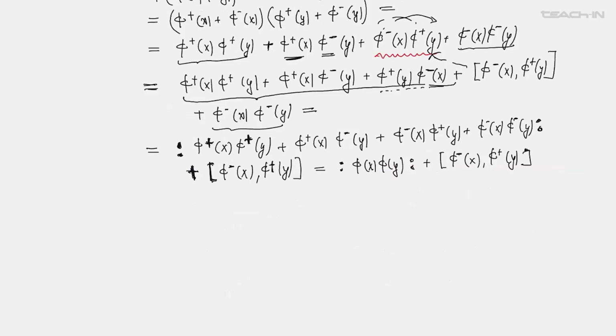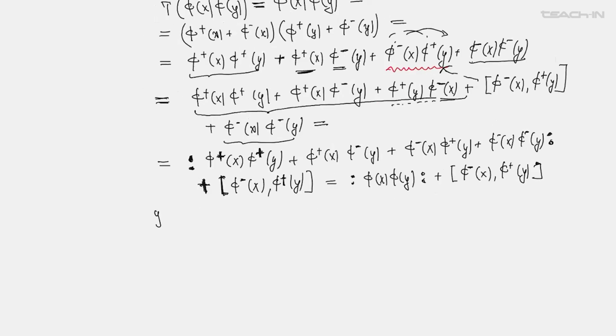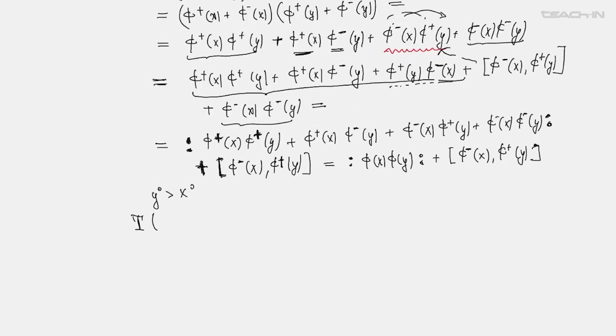Analogously, you may consider the case where y0 this time is bigger than x0. And you can repeat the same computation. So this time, if you write the ordered product of phi on x, phi on y, then this is phi on y multiplied by phi on x, because phi on y is an older operator, so it stands from the left from phi on x.